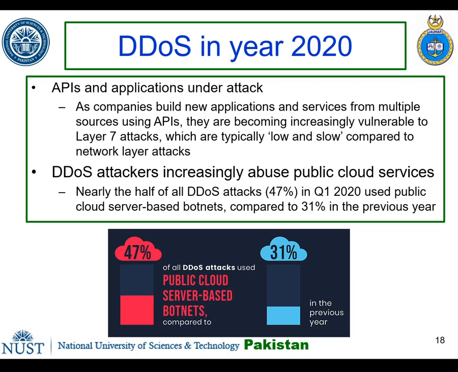APIs and application under attack. As companies build new applications and services from multiple sources using APIs, they are becoming increasingly vulnerable to layer 7 attacks, which are typically low and slow compared to the network layer attacks.